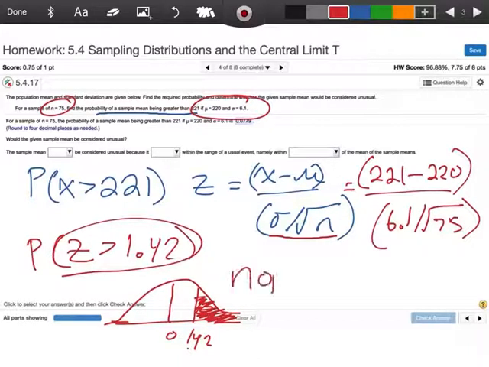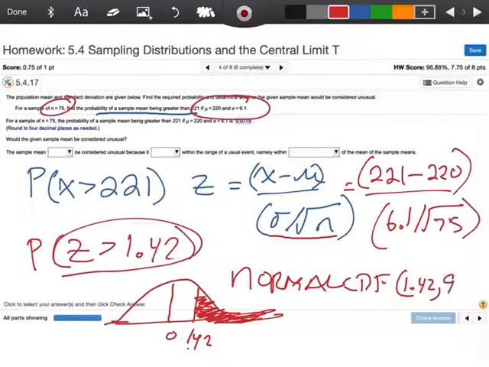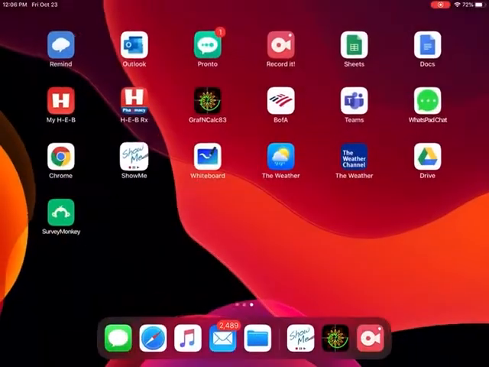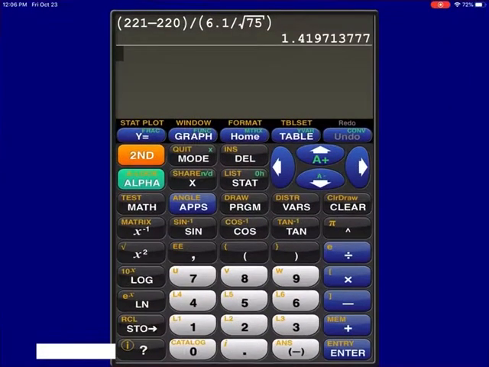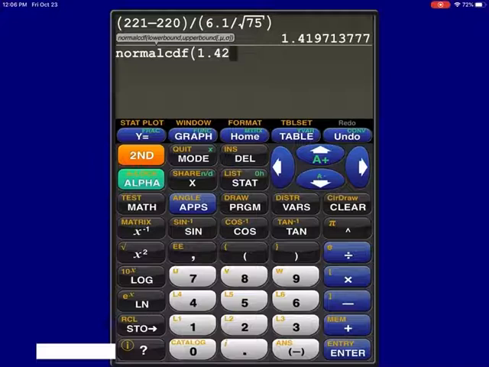On my calculator, the way I'm going to do this, I'm going to go normal CDF. Remember, my lower bound in this case is going to be 1.42. Because I'm going all the way to the right, my upper bound is going to be a whole bunch of 9s. Let's go second VARS, normal CDF, 1.42, comma, and then a whole bunch of 9s.